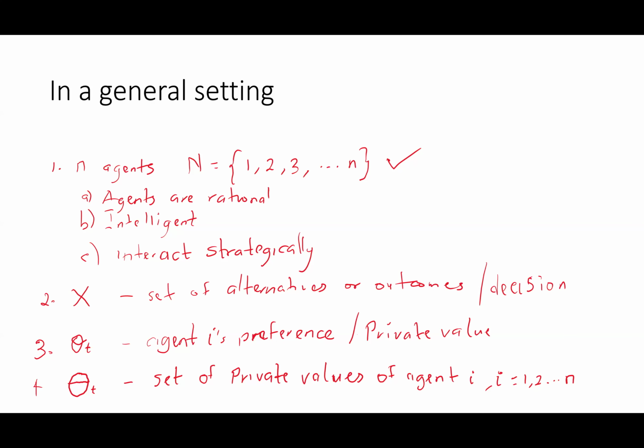So think of the games that we have looked at. There were several strategies that a person had. But at every point in time, the person played a particular game or had one action, and that action was from a set of strategies that they have.